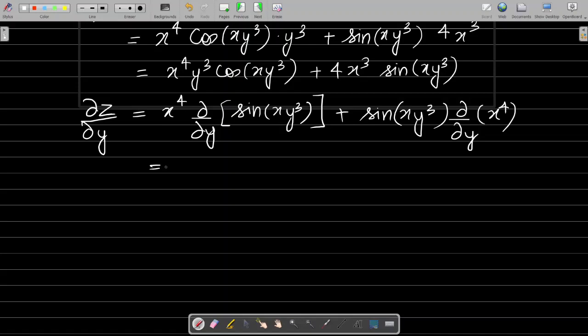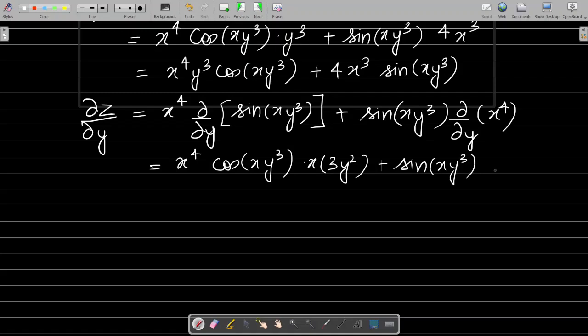So x⁴ into ∂/∂y, again it is a composite function, so cos(xy³) into ∂/∂y of xy³, so that is x into 3y², x is a constant, plus I have sin(xy³) and ∂/∂y of x⁴, x is a constant, so into 0. So this is equal to 3x⁵y² into cos(xy³).